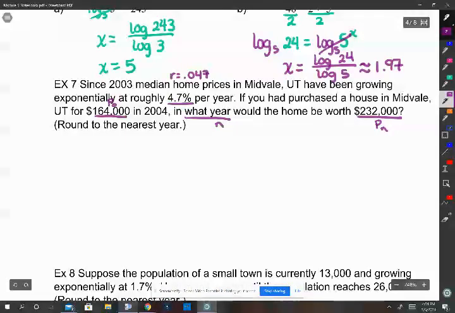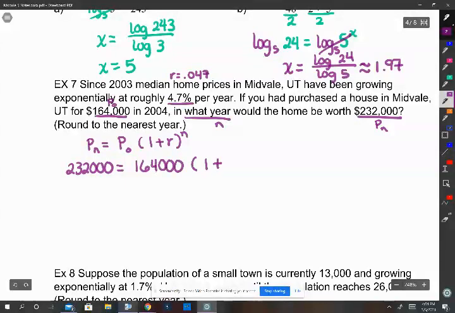And what we're looking for is n. As we look at our equation, it's P sub n is equal to P sub 0 times 1 plus R raised to the nth power. So P sub n is 232,000, P sub 0 is 164,000, our rate is 0.047, and what we're looking for is n. How many years is it going to take to reach that amount?